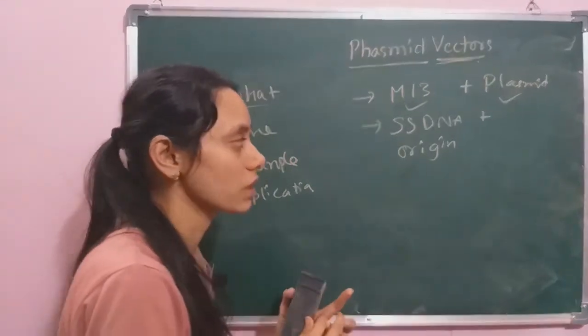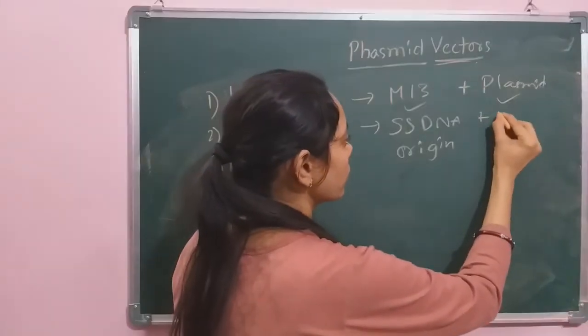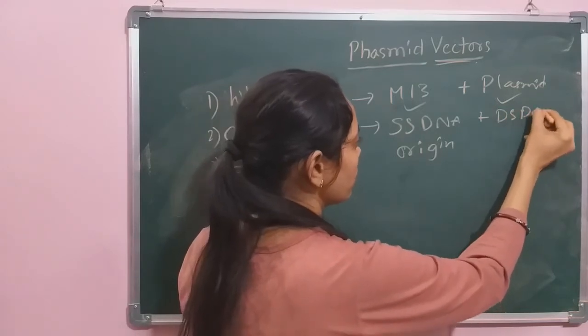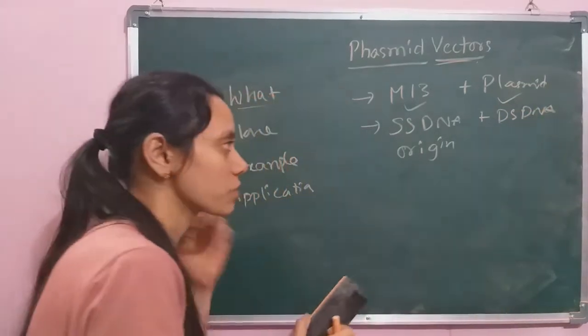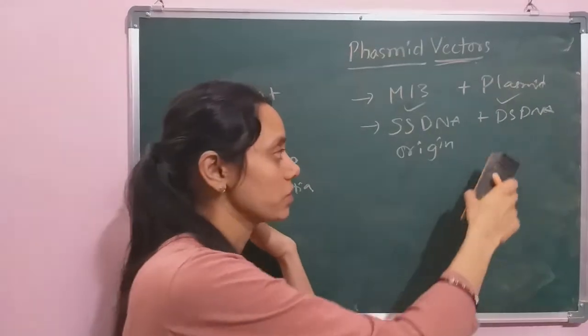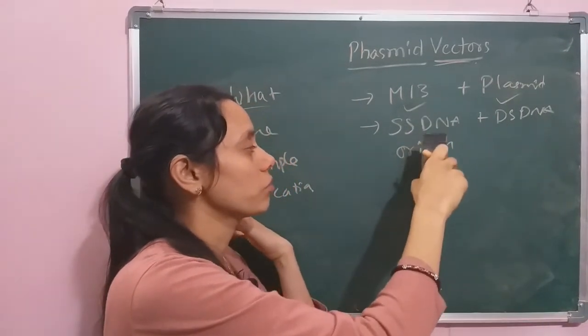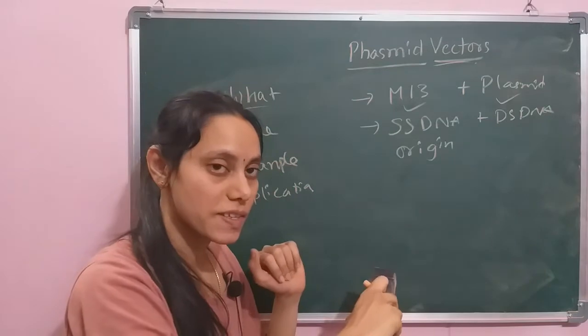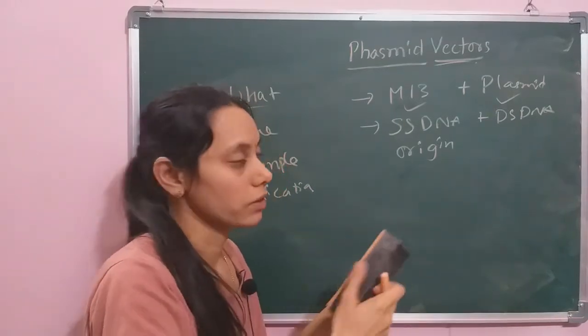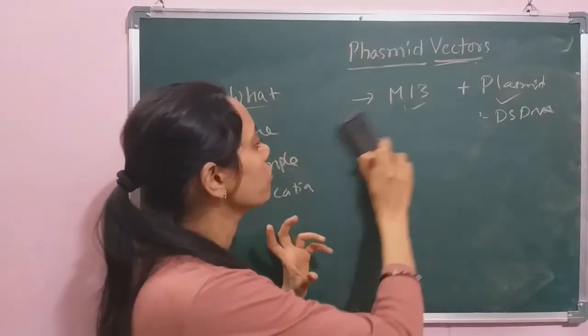So it will produce single-stranded DNAs and also double-stranded DNAs. The plasmid portion is responsible for the double-stranded DNA production, and M13 is responsible for the single-stranded DNA production through the rolling circle mode.